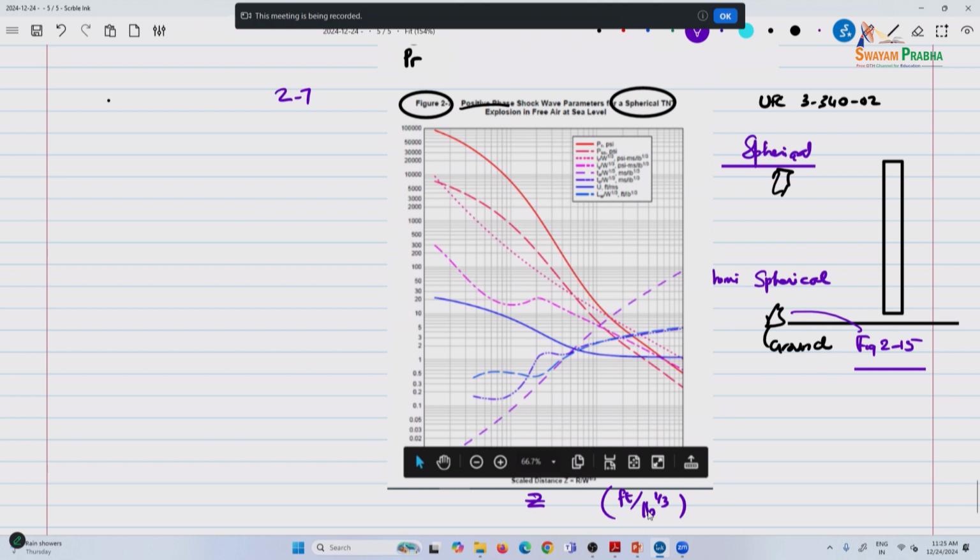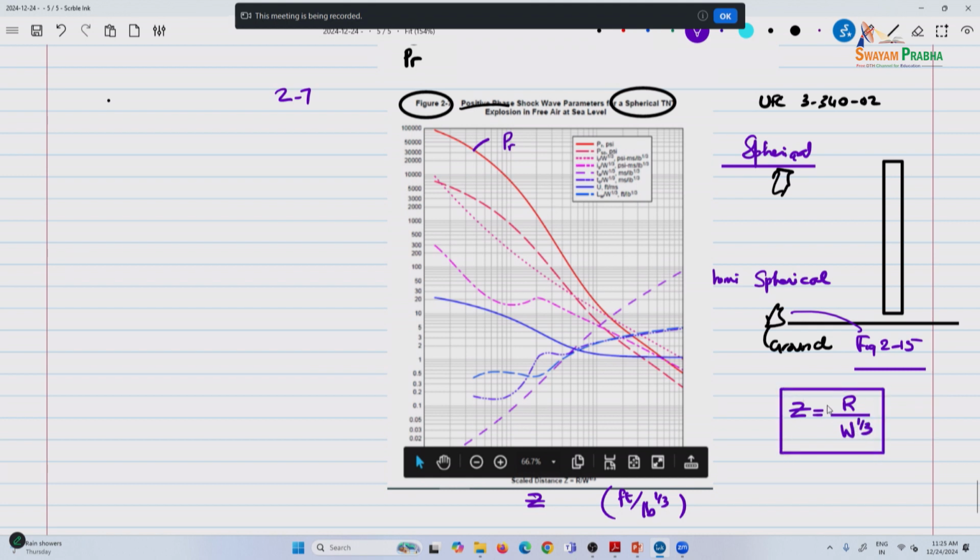Several things are there. The first one is your PR, the reflected pressure, and the scaled values go from 0 up to 10, I think. We've talked about scaling; this is called mass scaling, R divided by W to the power 1/3, the cube root.